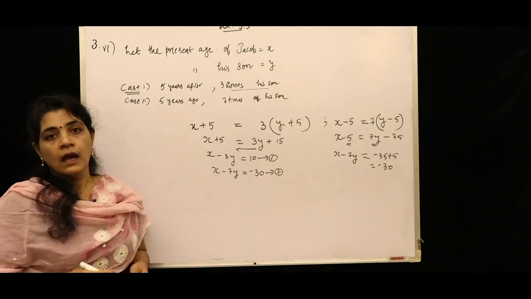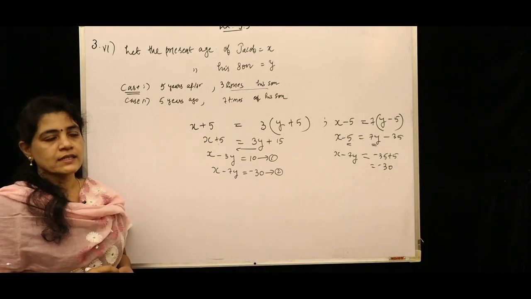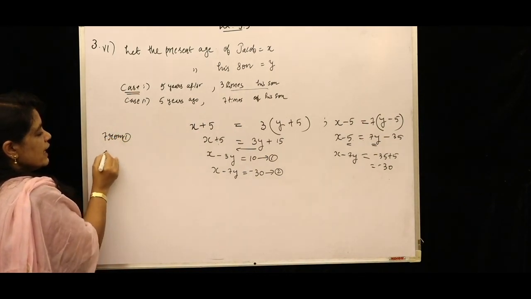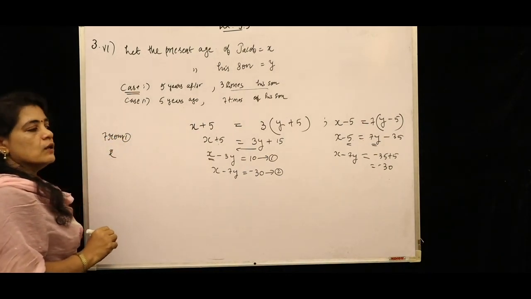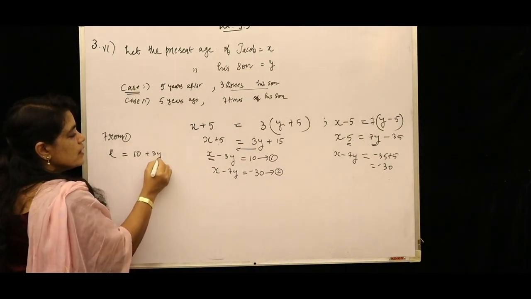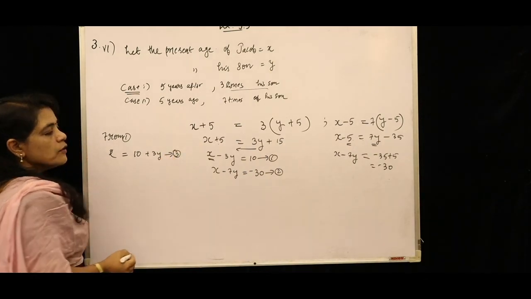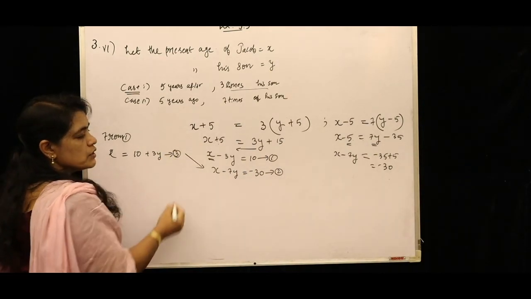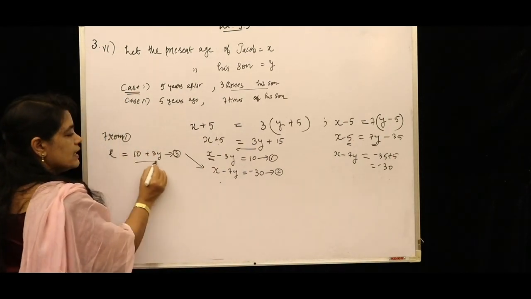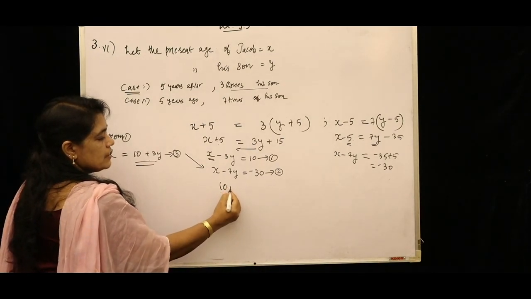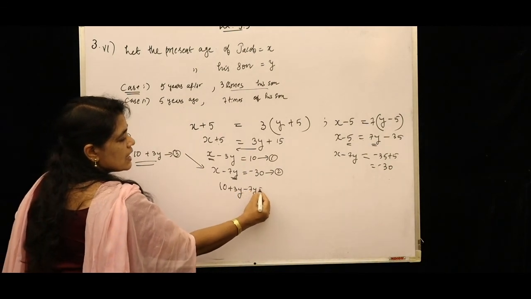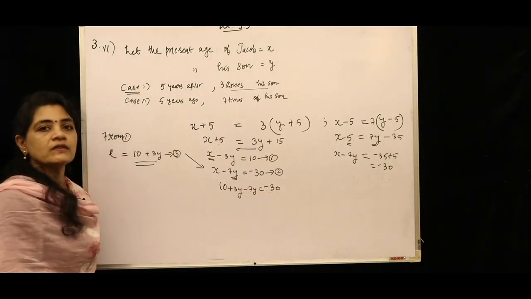We are representing x from equation 1, that is from 1, x equal to, I am keeping x alone by taking minus 3y to the other side, 10 is already there, so plus 3y. So this is equation number 3. I am going to substitute this value in equation 2. So in place of x we have 10 plus 3y, and the second term minus 7y equal to the constant on RHS, negative 30.